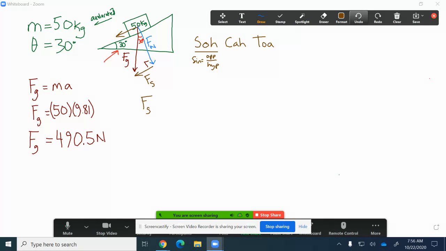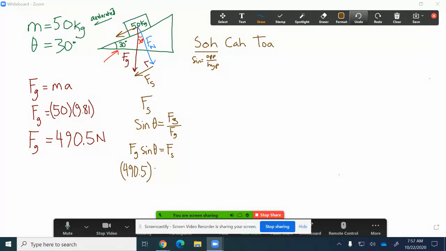So for the force of the sliding, it's going to be the sine of the angle equals the force of sliding over the force of gravity. So it's going to be the force of gravity times the sine of the angle equals the force of the sliding. The force of gravity we already figured out. That's 490.5.